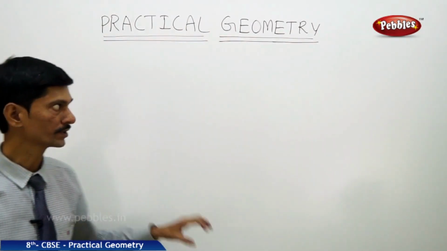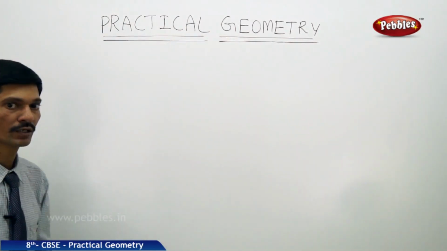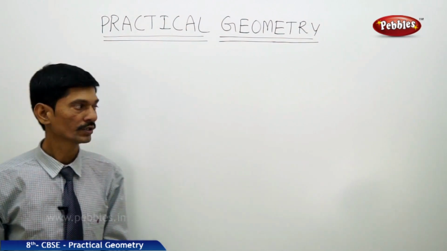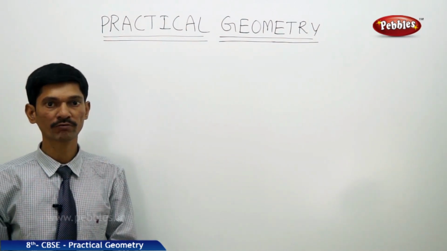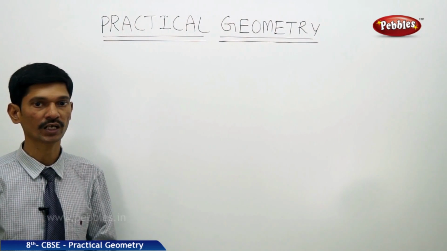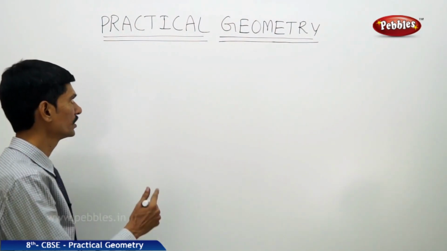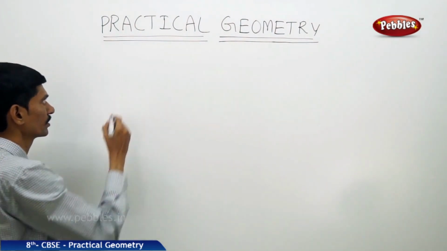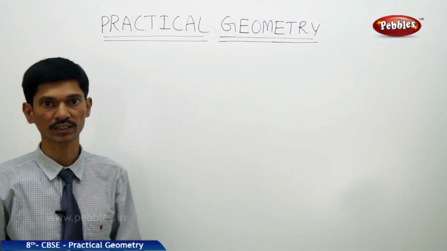Let us discuss the chapter practical geometry. Now you already know how many measurements are required to construct a unique triangle. So we know that 3 measurements, like sides or angles, are required to construct a triangle.